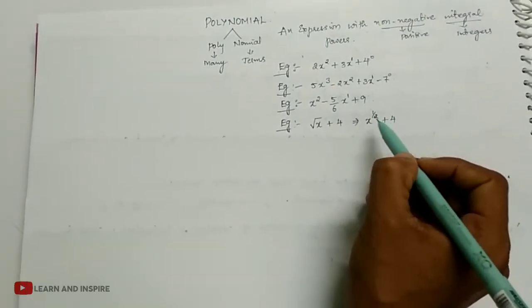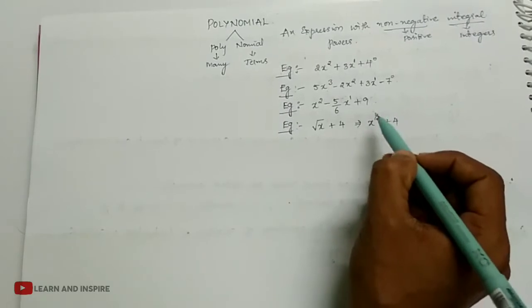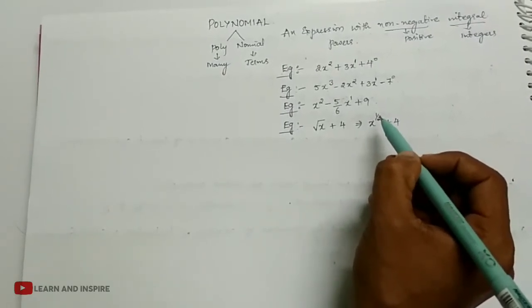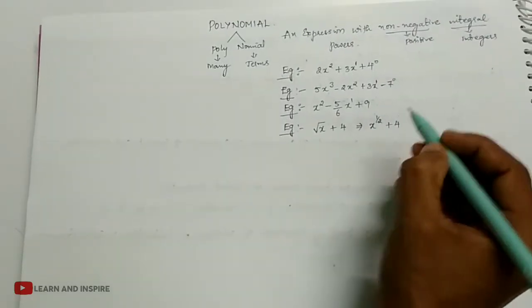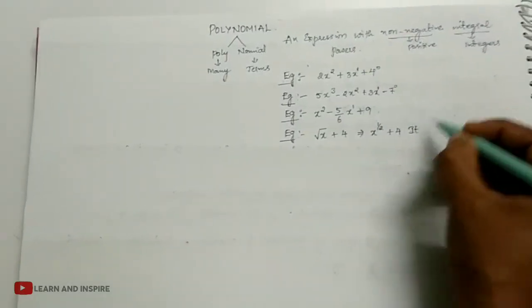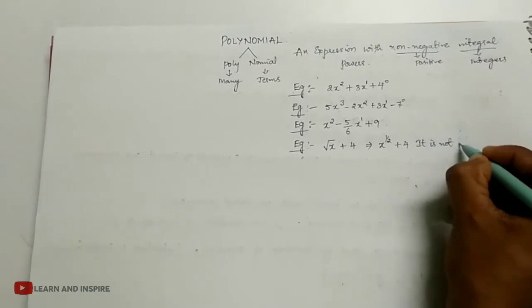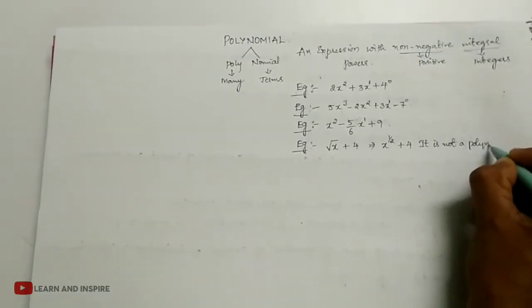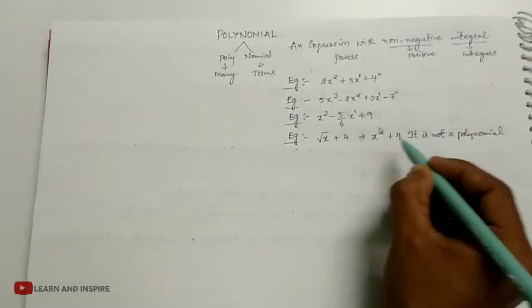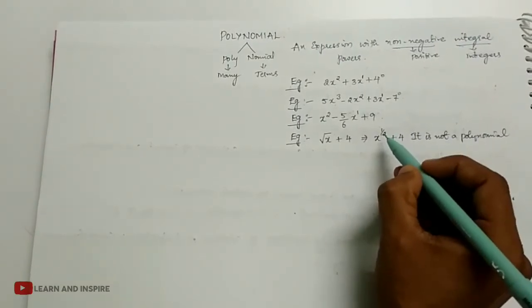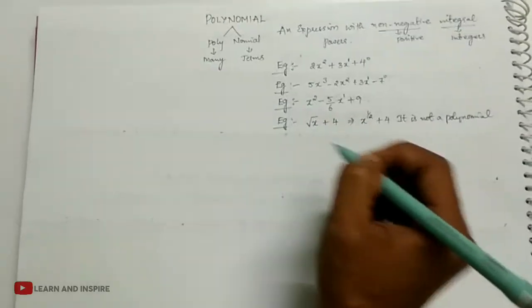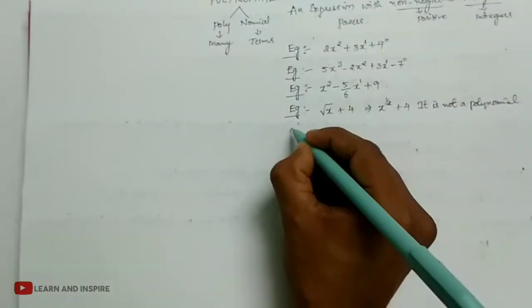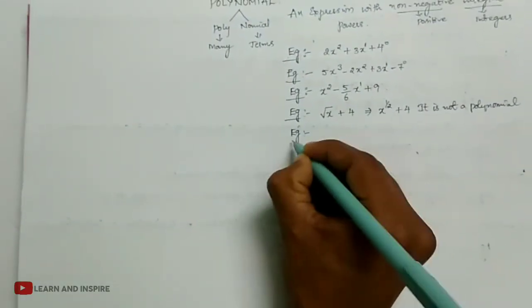Now you can see the exponent is 1 by 2. 1 by 2 is not an integer, so it is a rational number. So we can say that it is not a polynomial. Understood? The degree, that is the power, is not an integer, so it is not a polynomial.